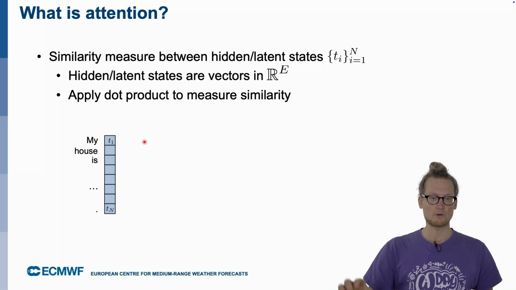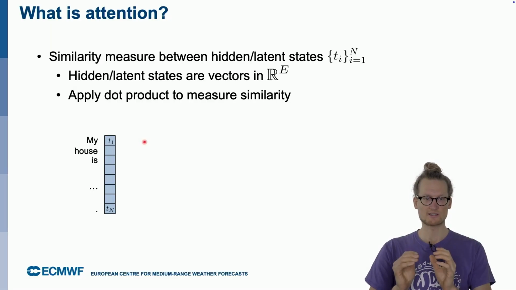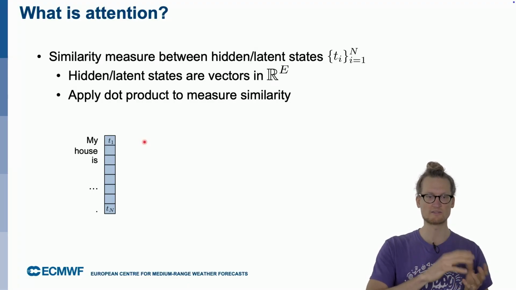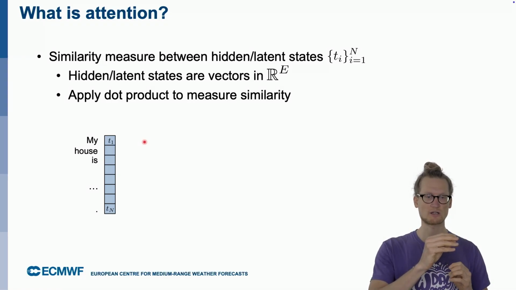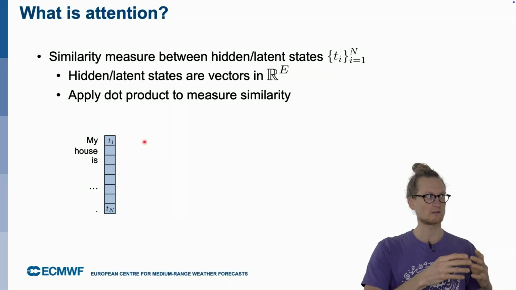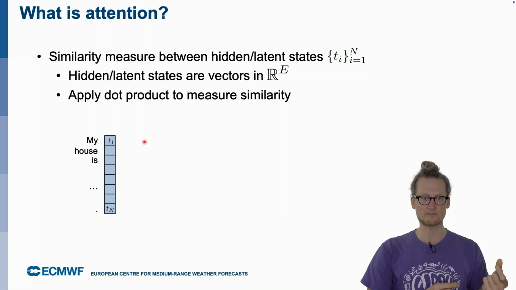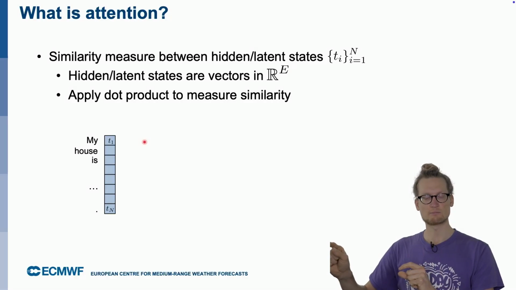Now, after we have encoded all these words, we want to propagate information, or make these words interact, such that the model has a way of learning what content the sentence has and how to process it in order to eventually make a prediction.